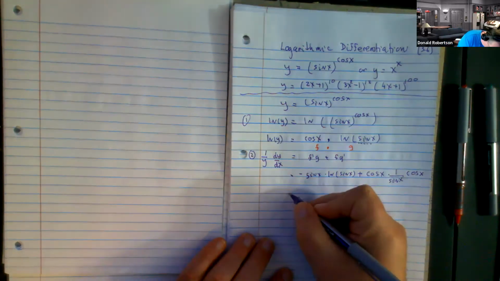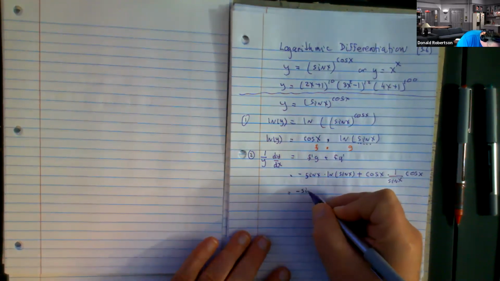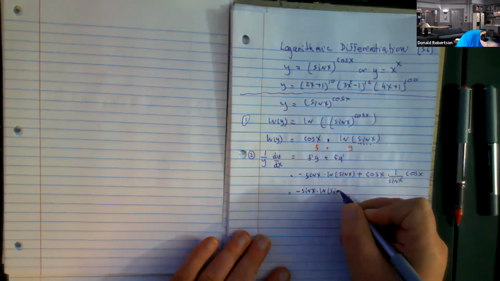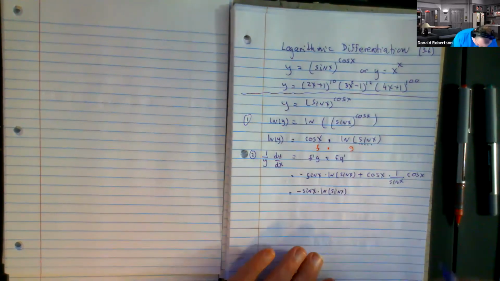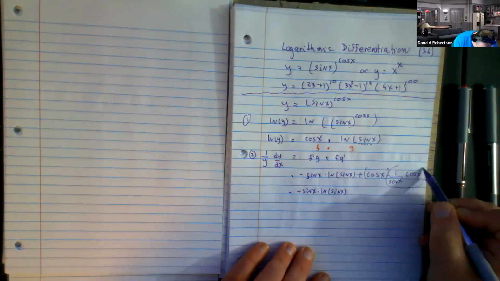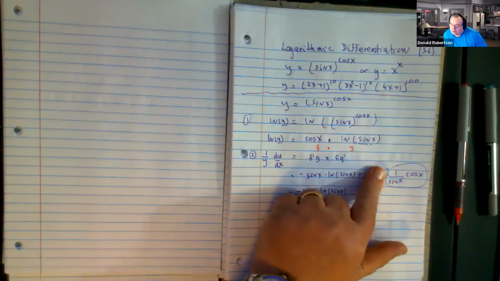So what we now do is basically try and tidy it up. Style points. There probably won't be that much in the way of style points in most questions, but I'll try my best. If I combine these two guys together, what I will get is a fraction with a cosine of x on the top and a sine of x on the bottom.